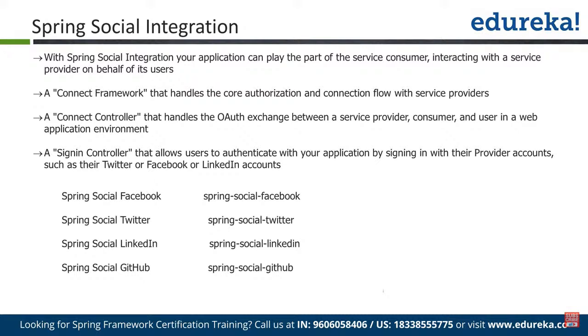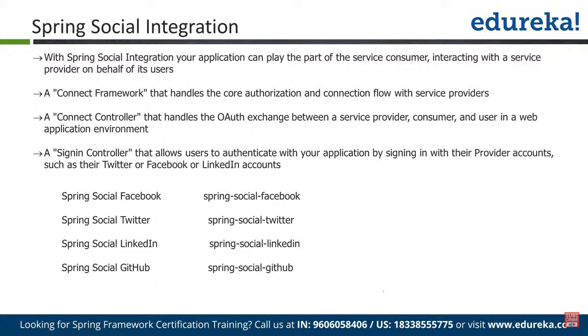There is a connect framework that handles the core authorization and connection flow with service providers. And that framework resides inside the Spring Social Integration APIs. Then we have a connect controller that handles the OAuth exchange between a service provider, consumer, and user in a web application environment.